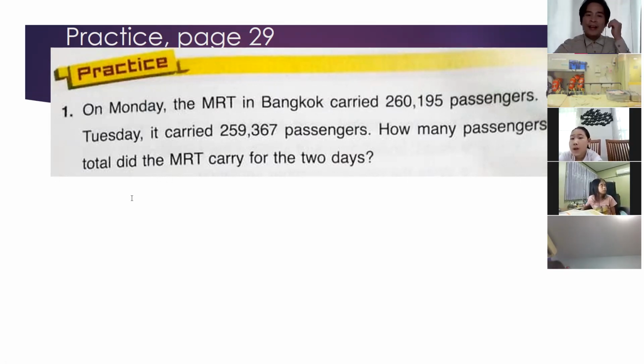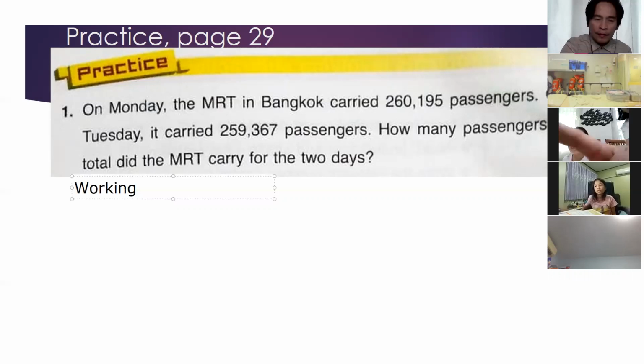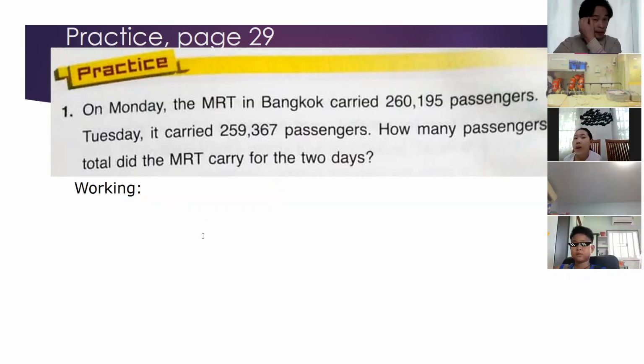No, it should be the number sentence first. Oh, number sentence. Yes.